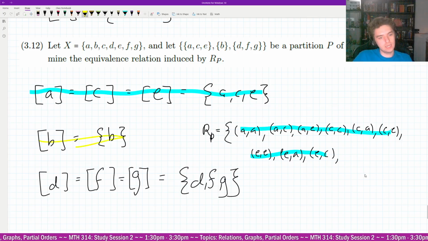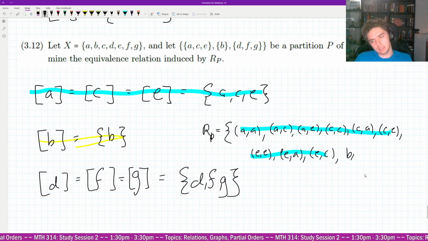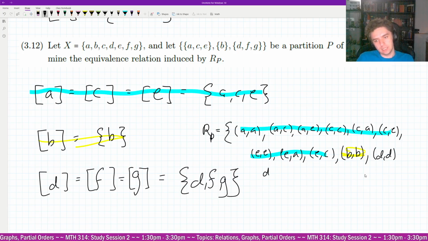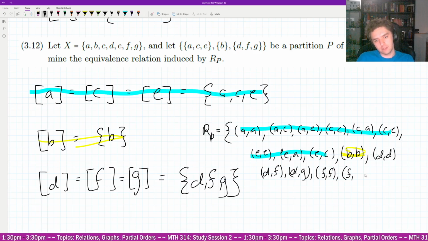Then from this block here, we just get that BB is the ordered pair there. And then from this last one, we also get a whole bunch. We get the same as the first time. So we get D is related to D, D is related to F, D is related to G. We get F is related to F, F is related to D, F is related to G. We get G is related to, did I miss something?